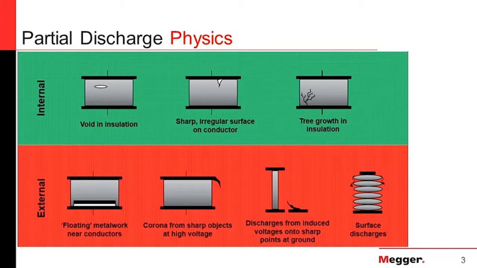All of these physical defects can lead to partial discharge, which is not good for your insulation, because partial discharge creates heat and can lead to internal spot burning or surface burning, and ultimately flashover and the end of life of your insulation and your equipment.